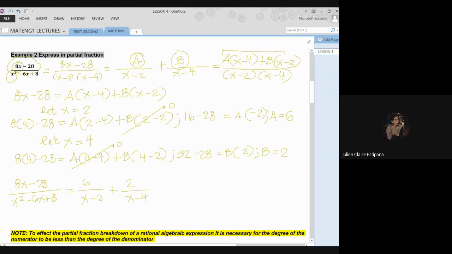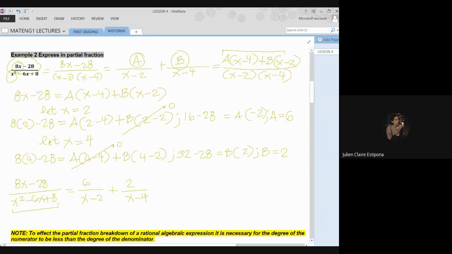So this is the expression, and this is the partial fraction for that one. If you simplify this one, it will still give you the value of the expression.